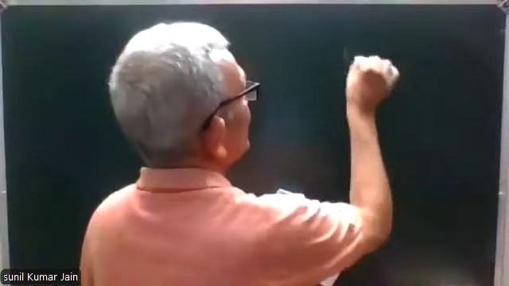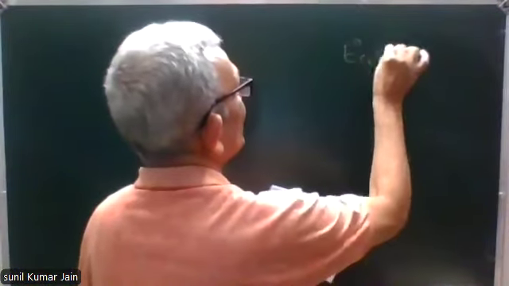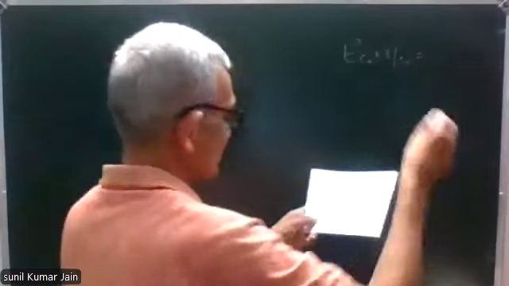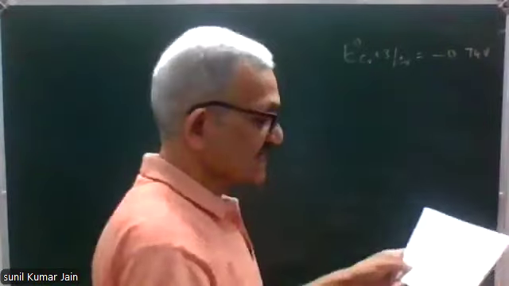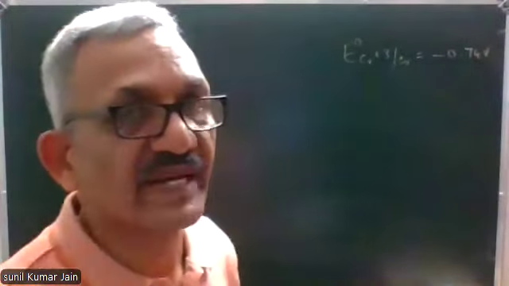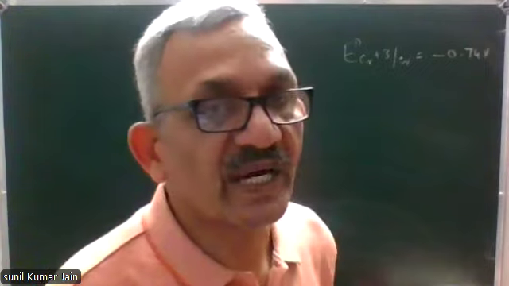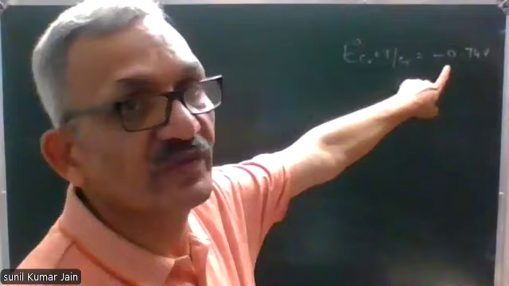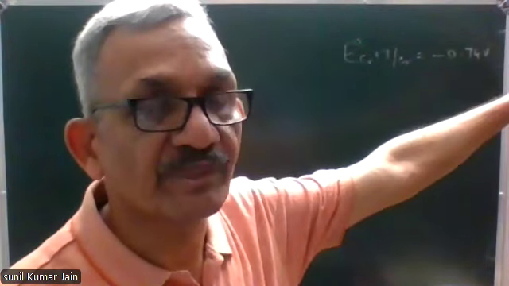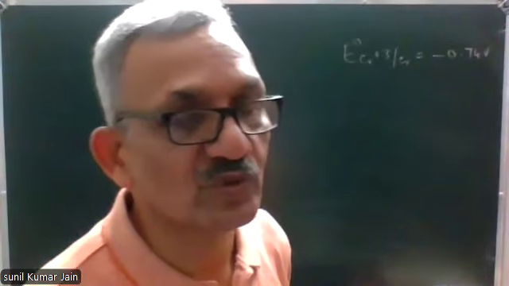This value will be E0 chromium ions oblique chromium, and this will become minus 0.74 volt. The second value is correct for aluminium, minus 1.66. Naturally, out of these two, the one whose value is higher will be cathode. Cathode means this will be reduced.